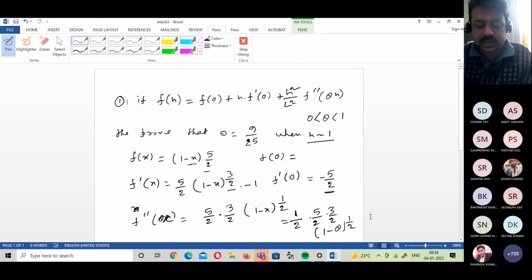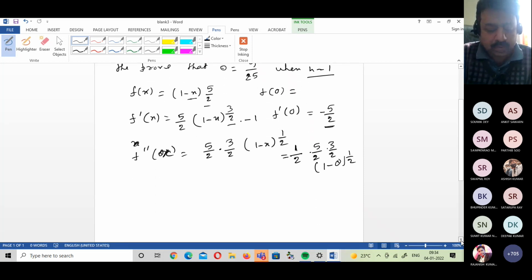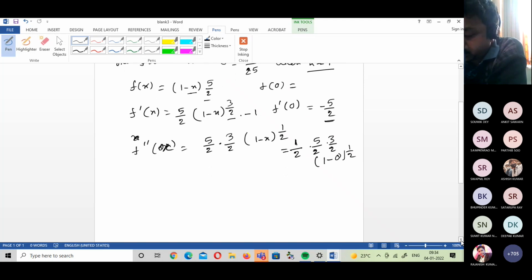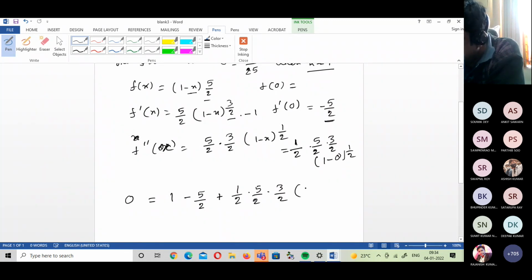So you can easily write that 1 minus x, 1 minus 1, so f of h, that is 0, equals 1 minus f dash 0 plus 1 by 2, 5 by 2, 3 by 2, 1 minus theta to the power half.